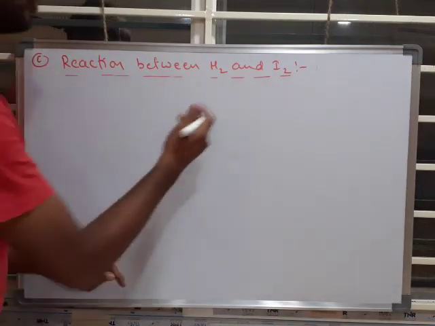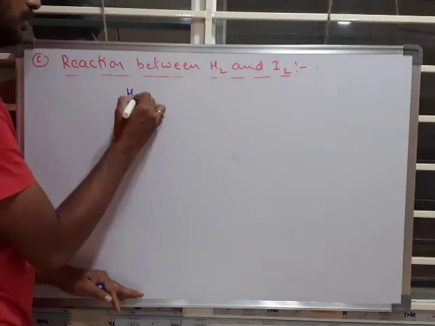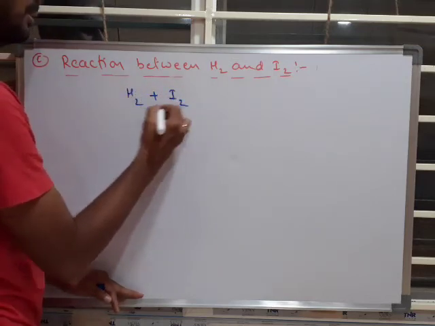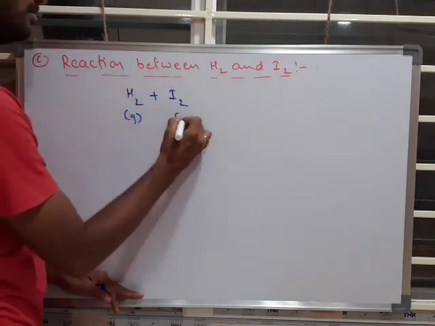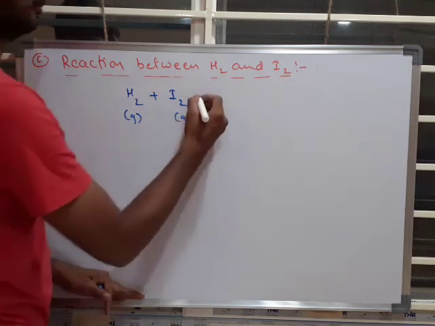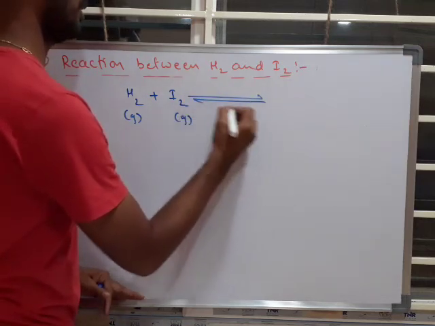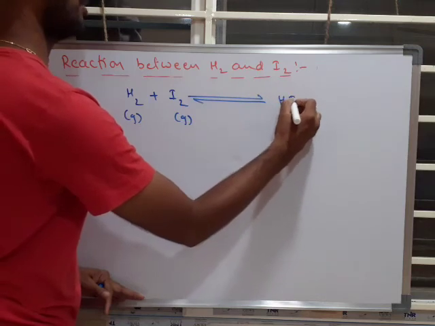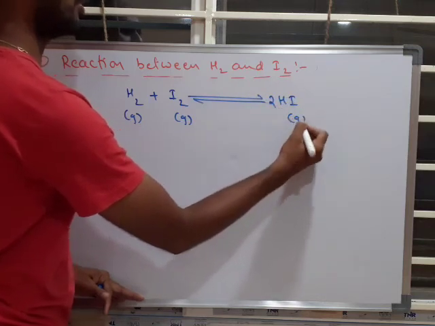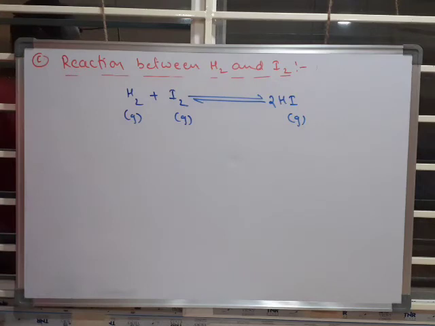So the reaction between H2 and I2. So you can guess the reaction. H2 is a gaseous state. There is also equilibrium takes place between HI. This HI is also gaseous state. So all are in gaseous state.